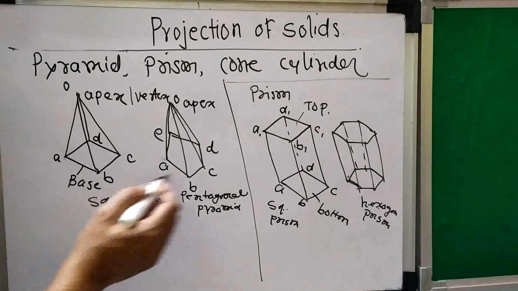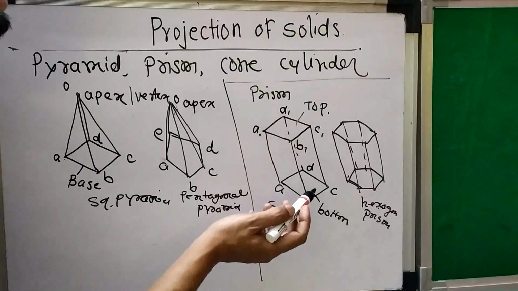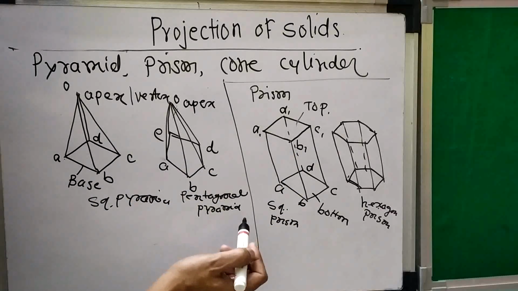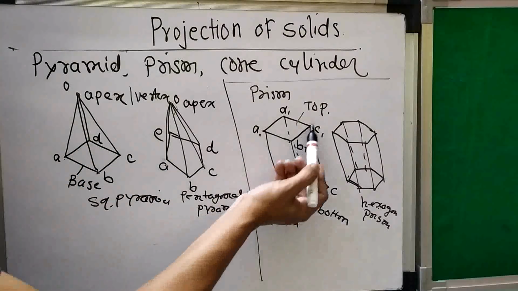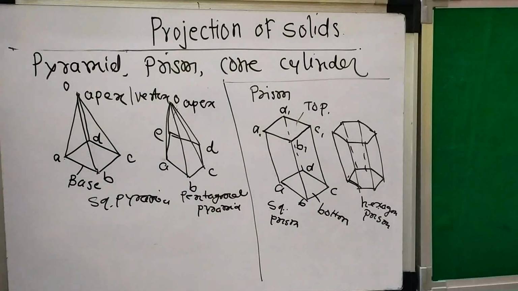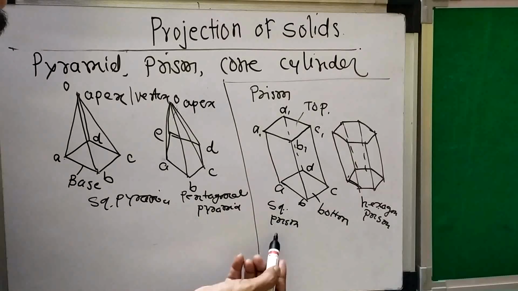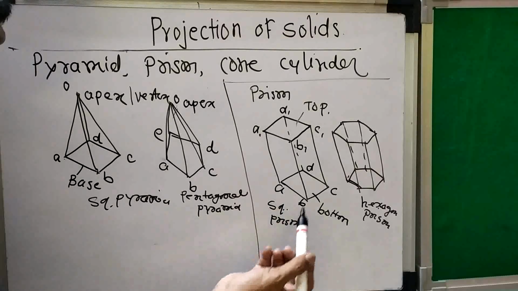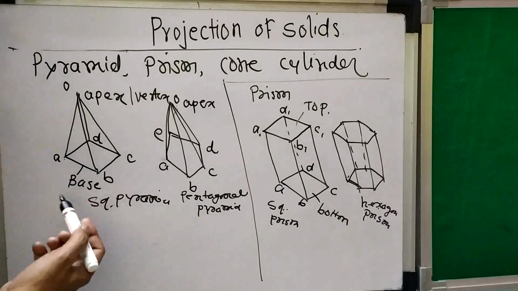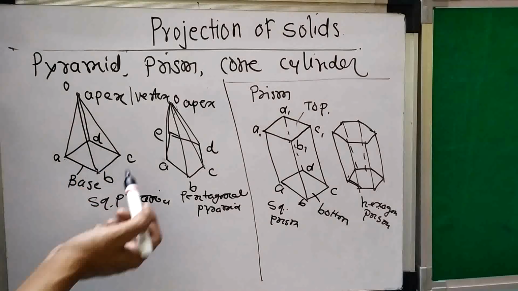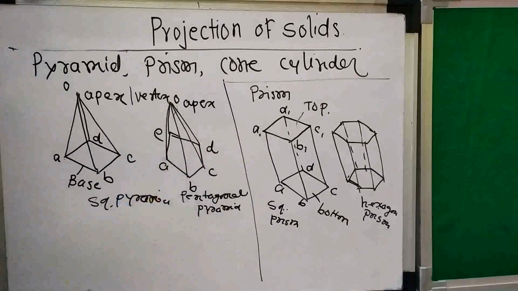Whereas in a prism we don't have an apex, we have two faces, bottom and top of the same size, and instead of triangular faces, it has vertical rectangular faces. According to the base you can name it: square base, square prism; hexagon base, hexagonal prism. In a pyramid, square base, square pyramid; hexagon base, hexagonal pyramid; pentagon base, pentagonal pyramid. So this is the difference.